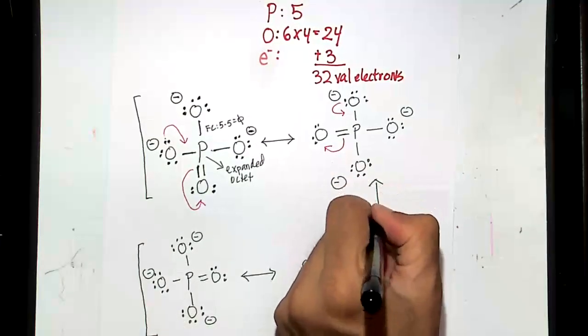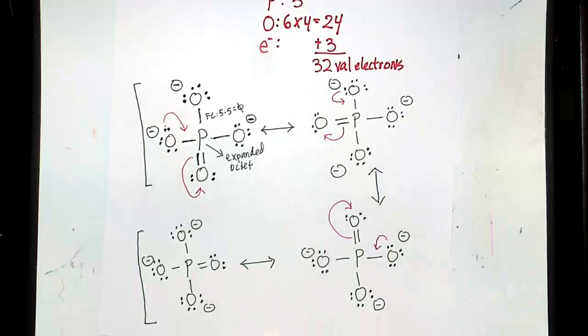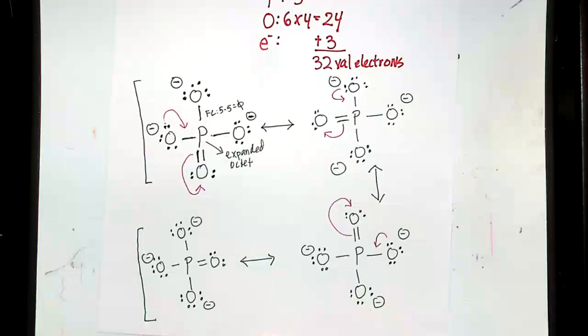So how many structures are there of phosphate? 4. Yeah. Oh, are these two the same, because the double bond at top and bottom just flip, and left and right just flip? So technically, I guess, but these are 4 different oxygens.